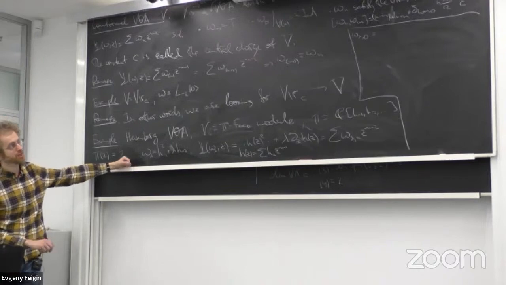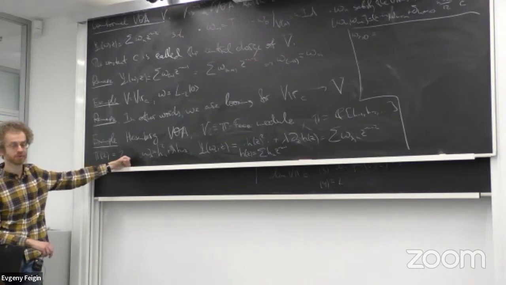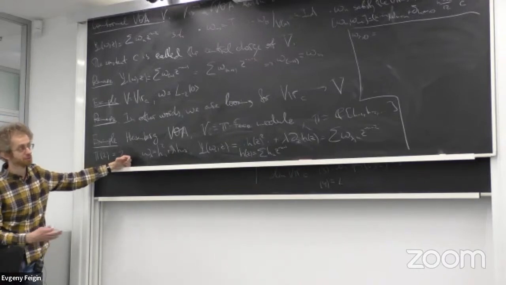So we need to check that omega lambda 0 is in fact the operator which somehow computes the gradient of the vector.